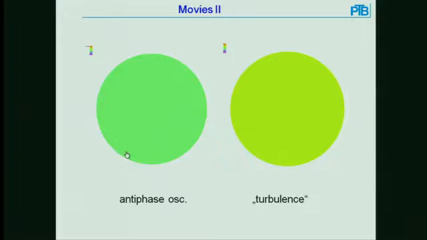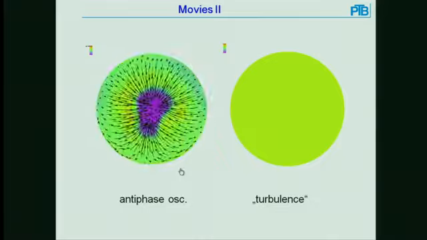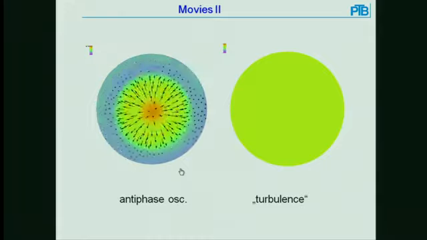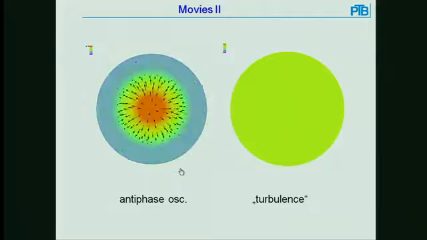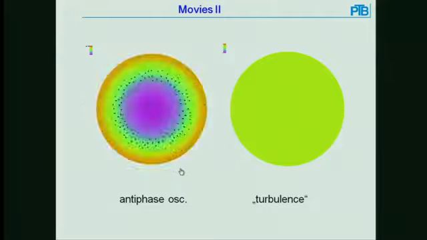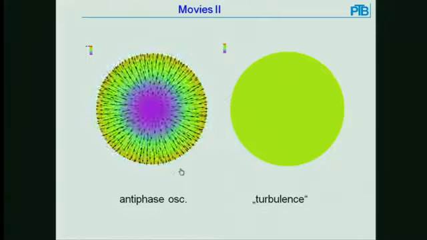I said, if you have very large couplings, then the model is just qualitative, but there you get also other symmetries of patterns. So here you get something which I would call some sort of antiphase oscillation. So the rim region and the central region are typically oscillating out of phase, and that generates a lot of fluid flow.